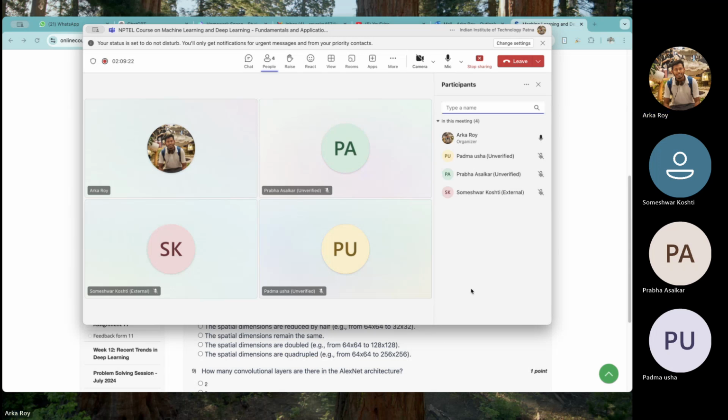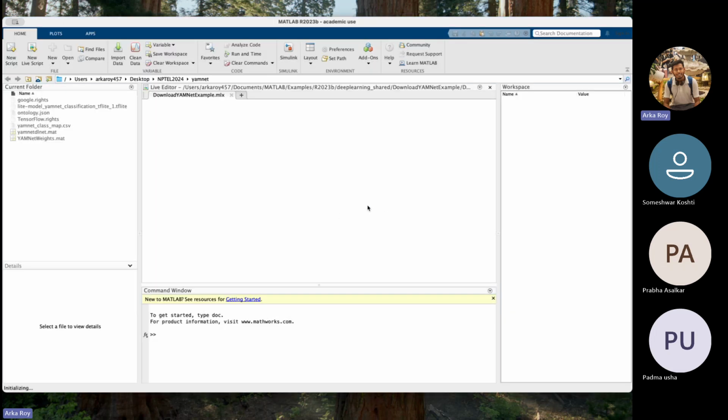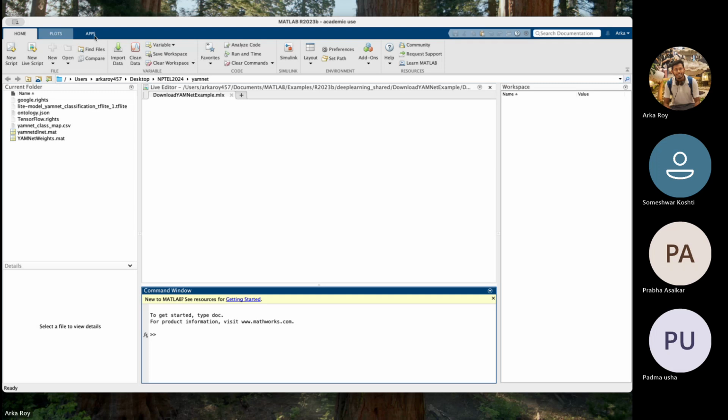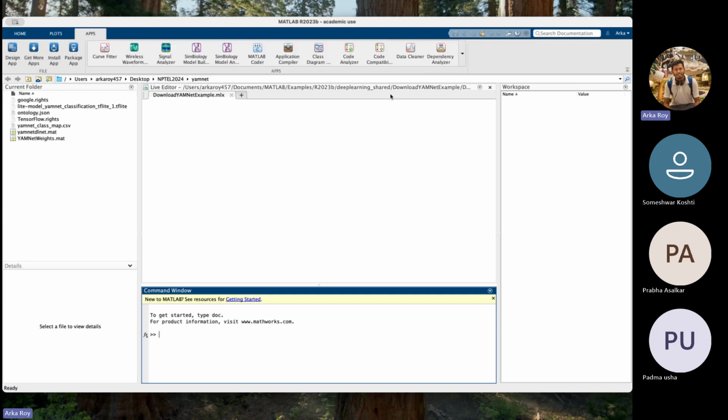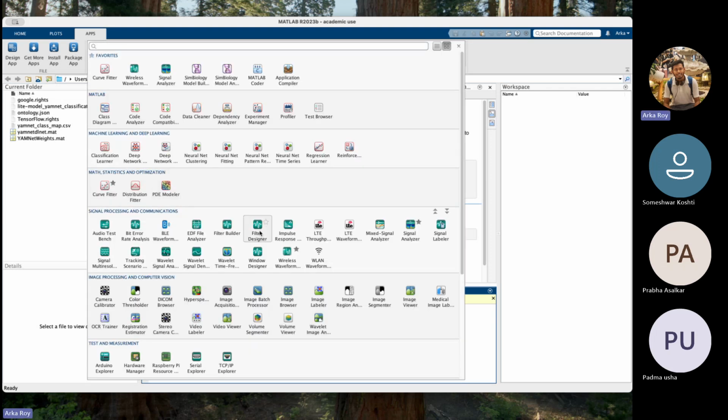There is a toolbox that came probably in the 2020 A edition, called the Deep Network Designer toolbox, where you can do simulations of neural network architectures. Is the screen visible, right?